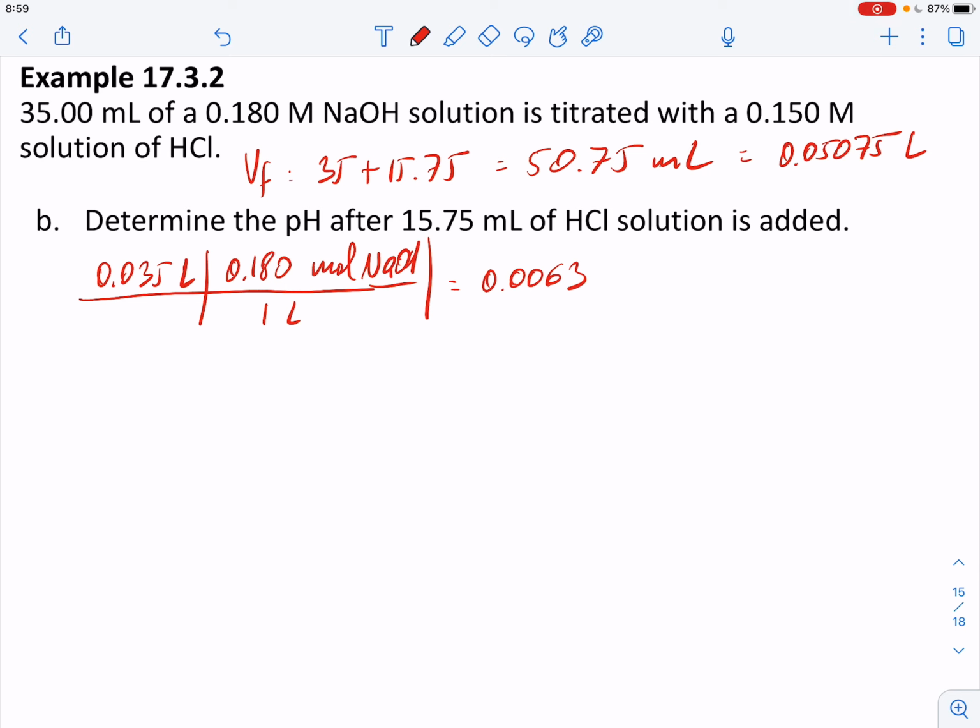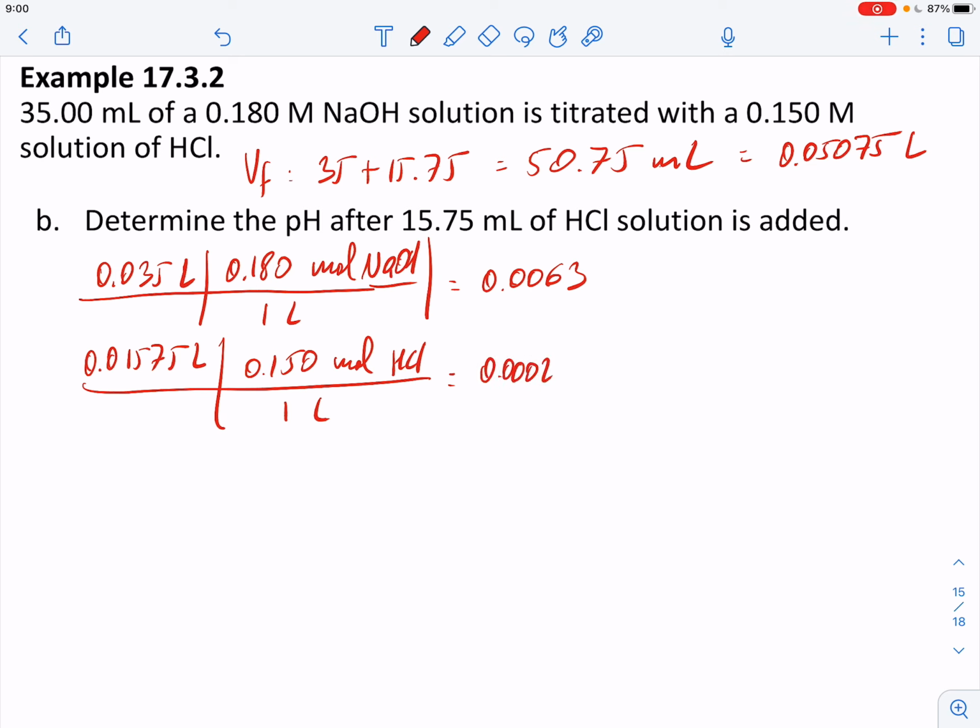and then for the acid is 0.01575 liters, and the concentration is 0.150 per liter, and this is 0.002363.